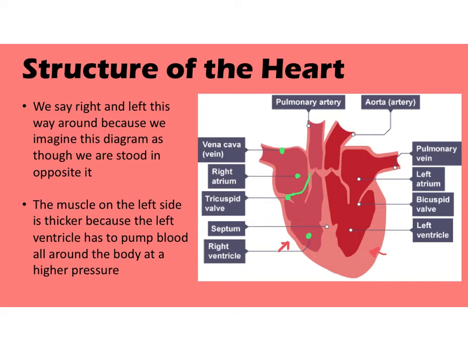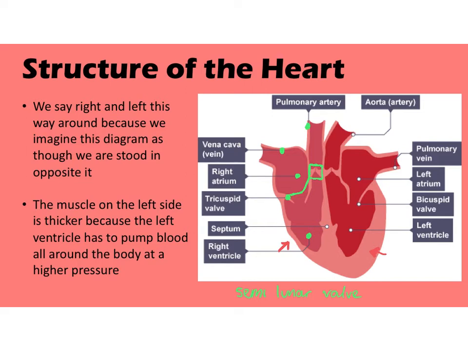And then the deoxygenated blood in the right ventricle gets pushed out this valve here, which then opens. That valve is called the semilunar valve. Okay, so when the right ventricle contracts, the semilunar valve opens and the deoxygenated blood is pushed out to the pulmonary artery, which goes to the lungs.